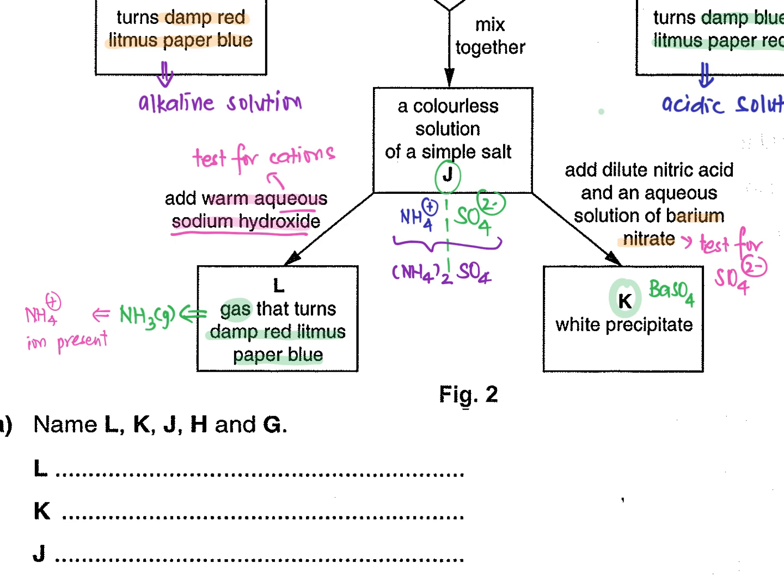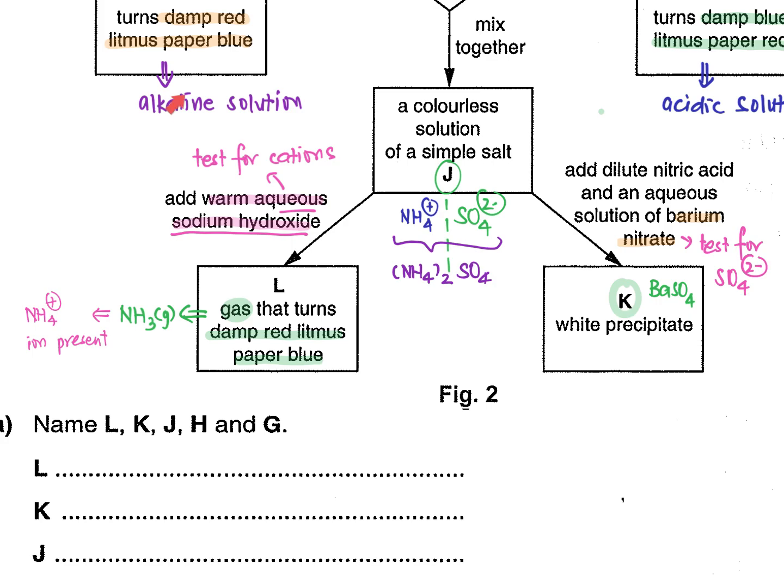Out of the whole list of cation tests, there's only one that will produce a gas when you warm it after adding your sodium hydroxide. That is ammonia gas. So your ammonia gas produced must come from ammonium ion. Can you see that? Okay, so this is how you arrive at the ammonium ion. Any other question?